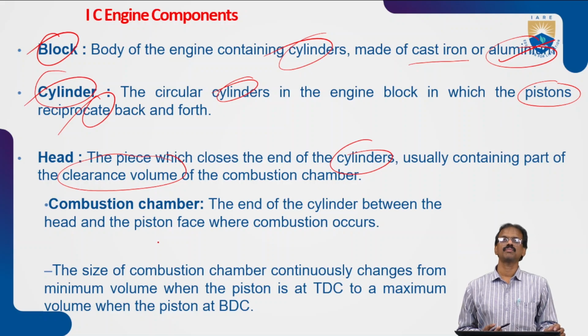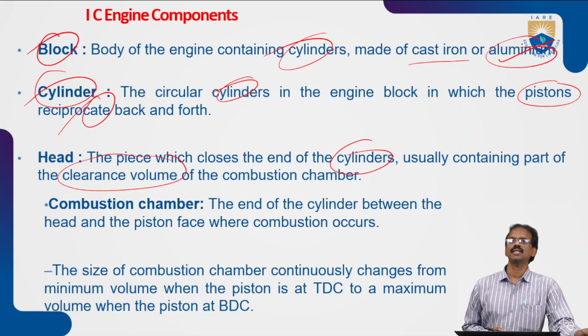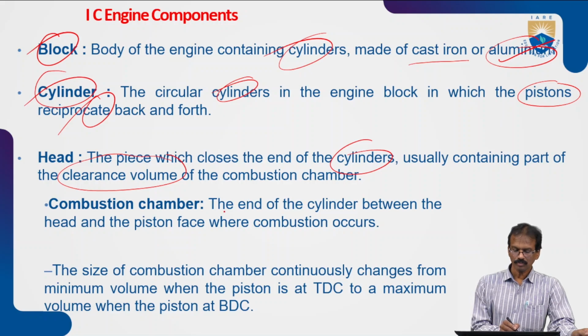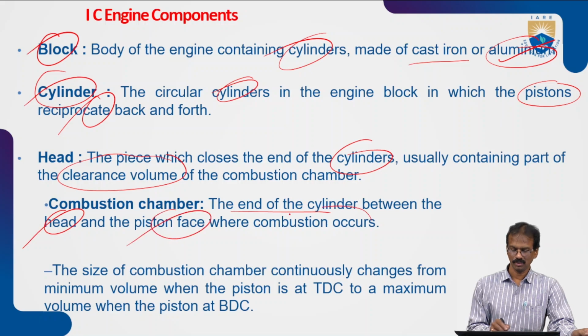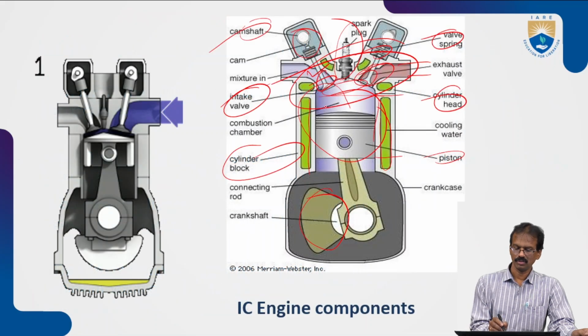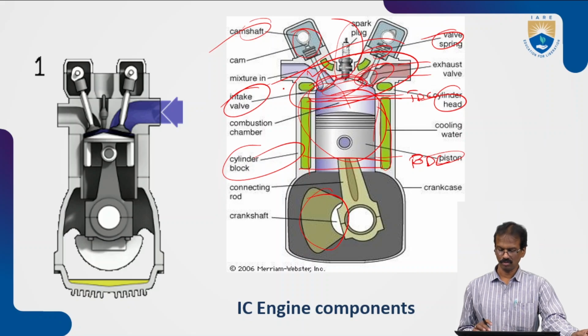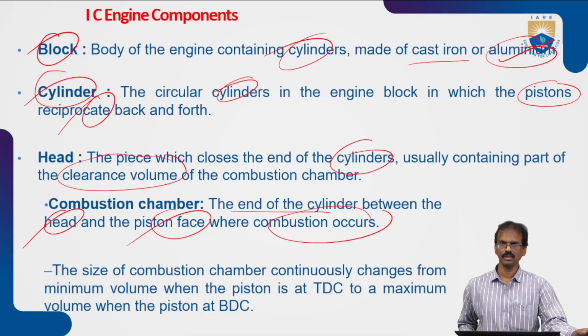Next is the combustion chamber. It is the end of the cylinder between the head and the piston face, where combustion occurs. So this is the combustion chamber. If the piston moves up to this position, that is called TDC, and at the bottom, this position is the BDC. The space above the TDC is called the clearance volume.